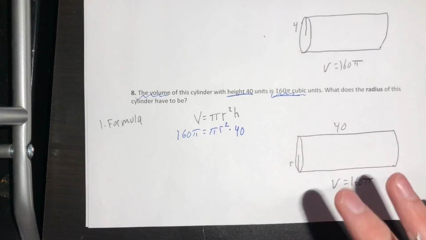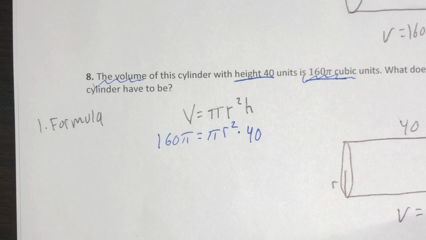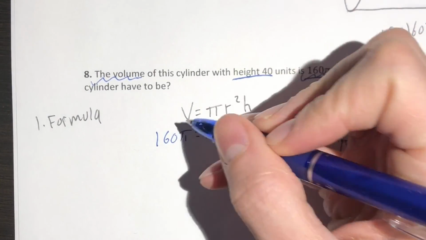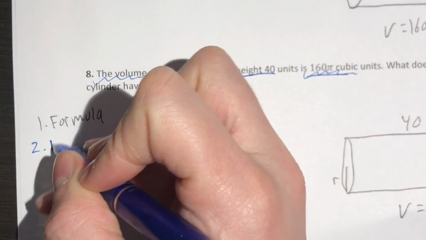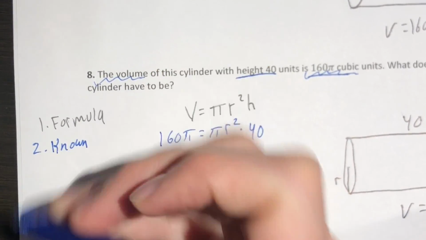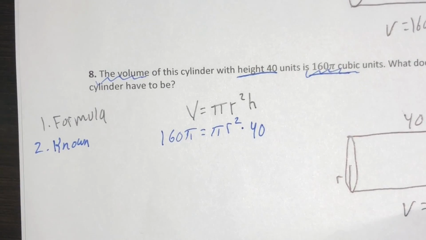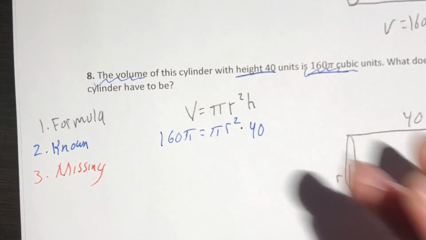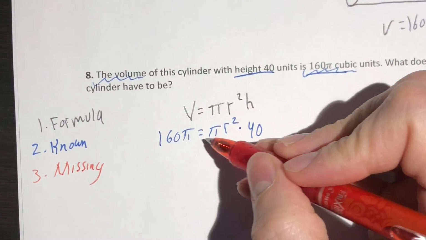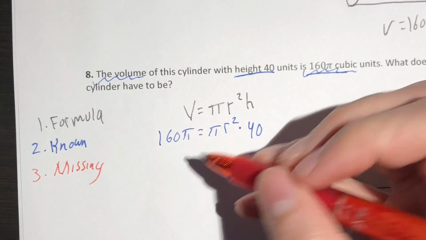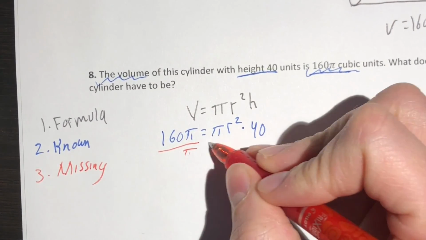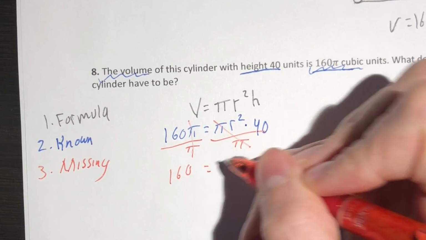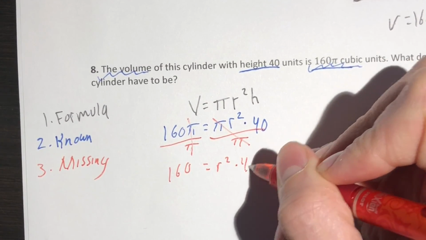So we do not know radius. So again, we are solving. We plugged in what was our known. We have to figure out what is missing. These are all multiplication problems on each side, so we can just divide. So we're going to divide by pi to start off with. So I have 160 equals r squared times 40.